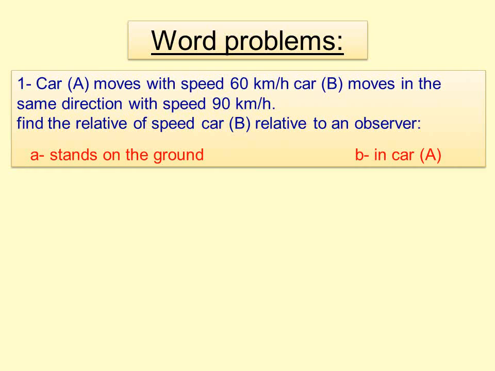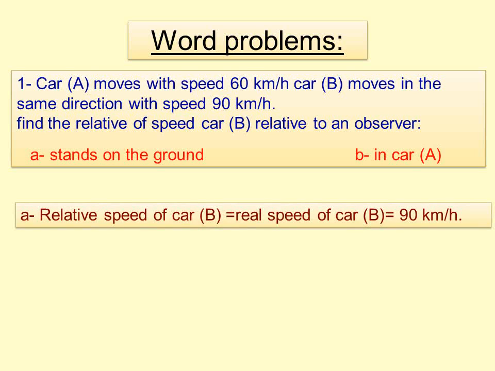Okay, we have here word problems for it. If car A moves with the speed 60 km per hour, and car B moves in the same direction with the speed 90 km per hour, find the relative speed of car B relative to an observer, in the first case standing on the ground, and in the second one in car A. Relative speed of car B, if we stand on the ground, equals its real speed, 90 km per hour.